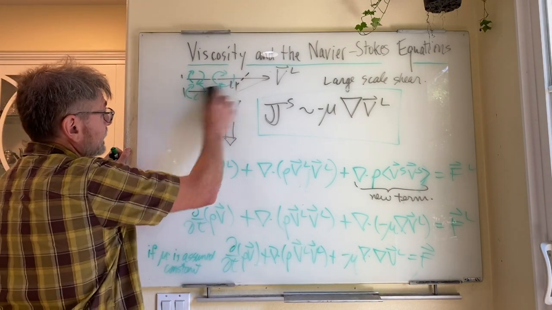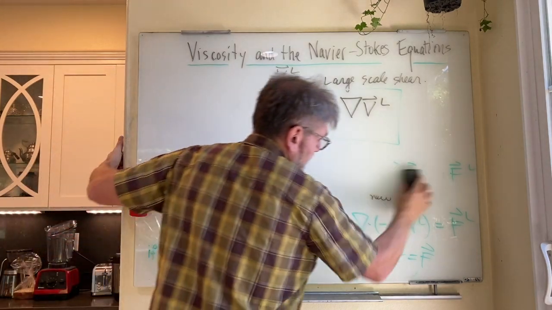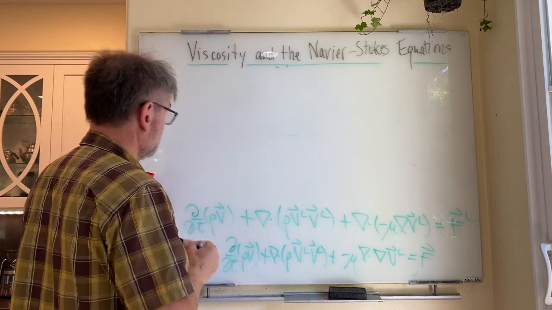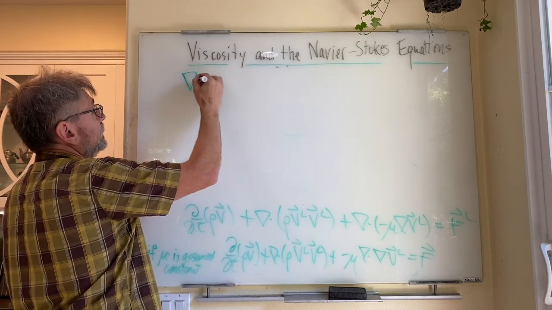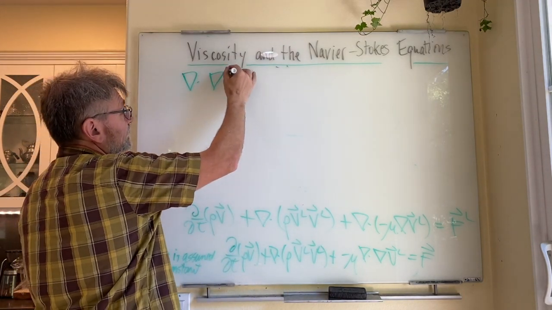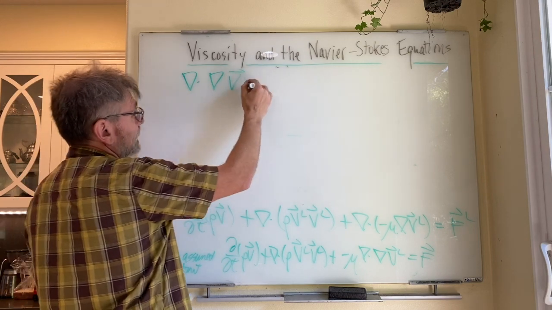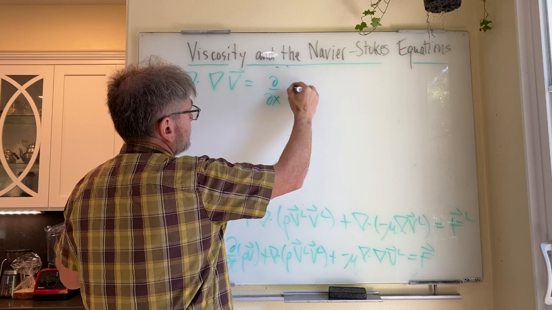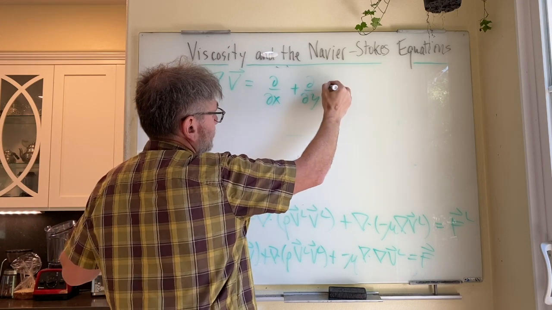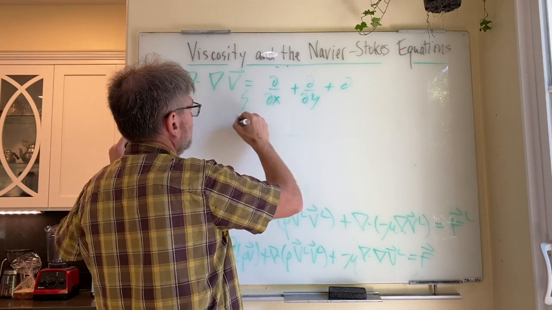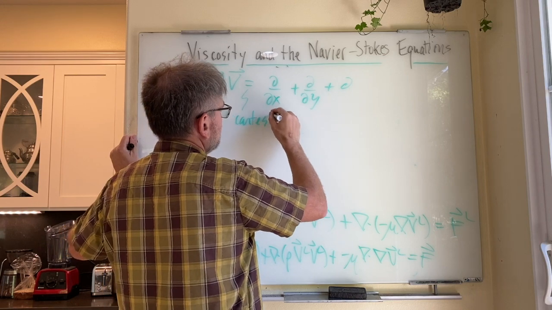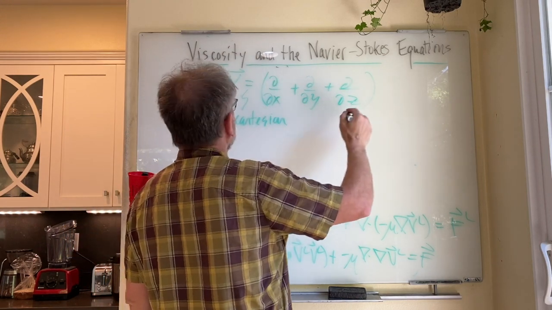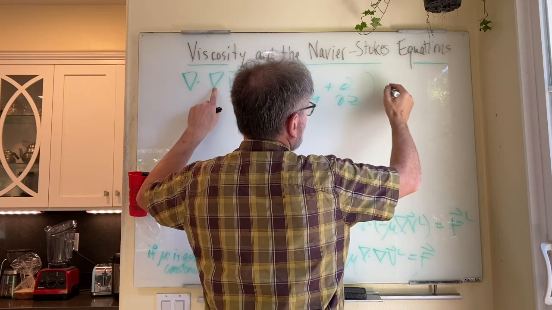So if I write it out here, the divergence of the gradient of V is the same thing as d by dx plus d by dy plus d by dz, I'm doing it in Cartesian for simplicity, times the gradient.